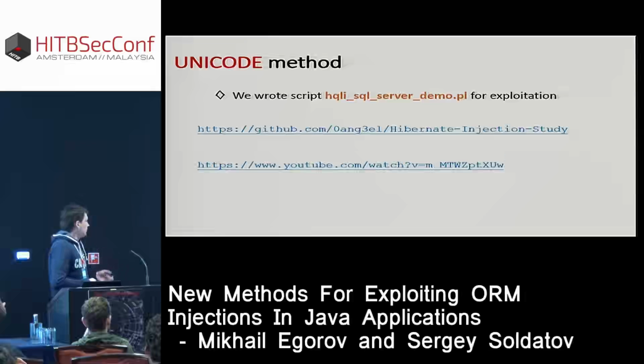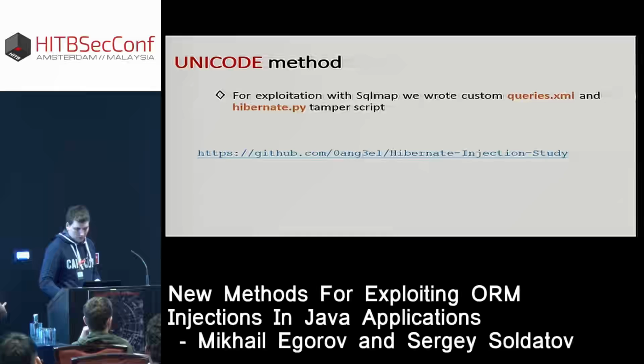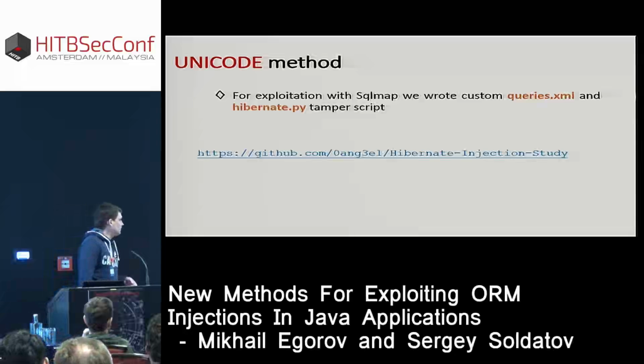It is available on GitHub, and you can watch the video on how it works. But we did not give up and decided to tune sqlmap. We wrote a hibernate.py tamper script and modified the queries.xml file. You can find these two files on GitHub.